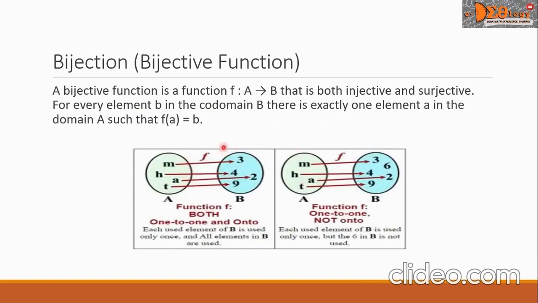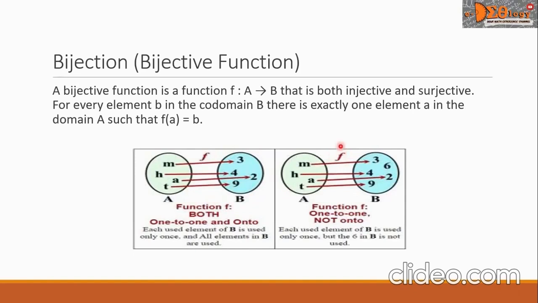The first function is one-to-one because each element used in group B is used only once. Also, the function is onto because all elements in group B are used. Since this function is both one-to-one and onto, we say this function is a bijection.